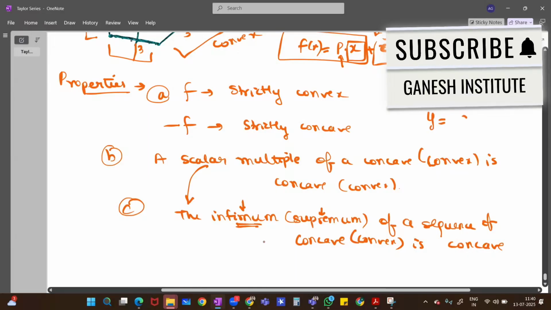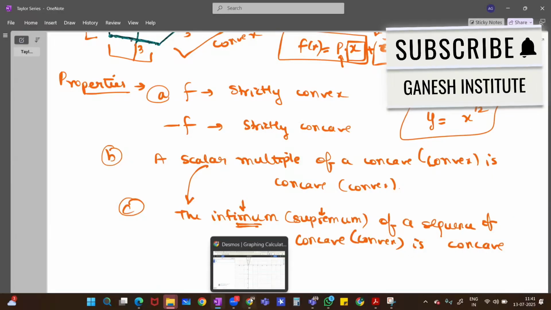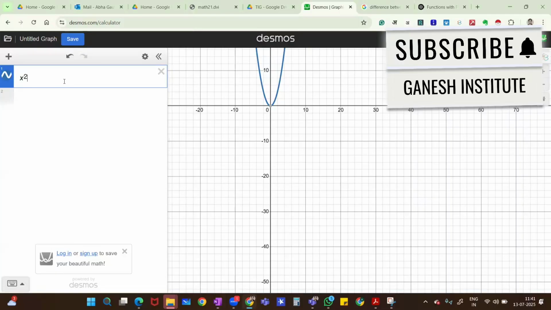Let me draw it here. This is your convex function. And what is the minima here? The infimum point?